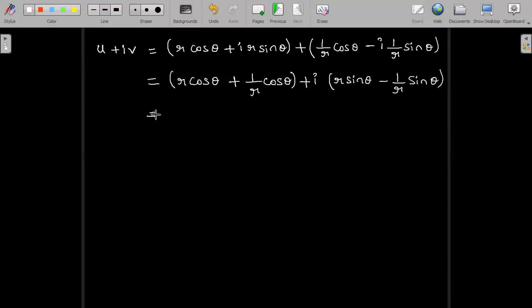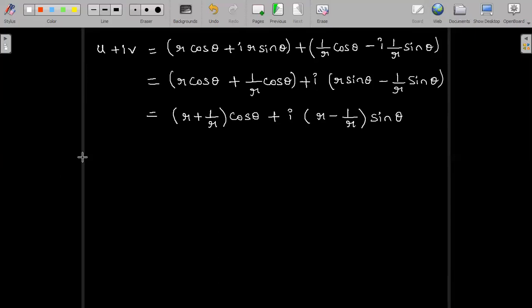These are the imaginary terms. We have to group real and imaginary together, then only we'll be able to separate the real and imaginary parts. Now cos theta is common. Taking cos theta common, this will be r plus 1 by r cos theta plus i into r minus 1 by r sin theta, after separating the real terms and the imaginary terms together.